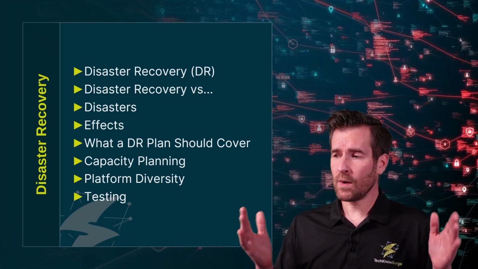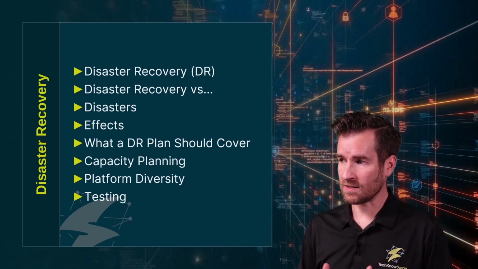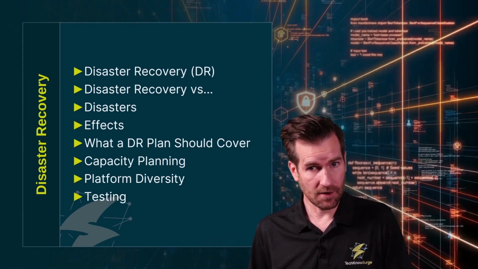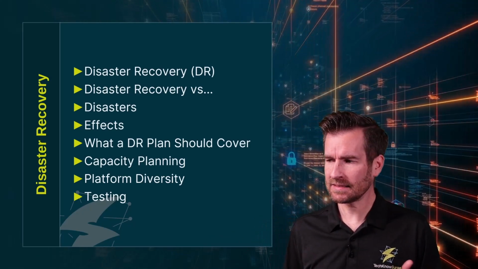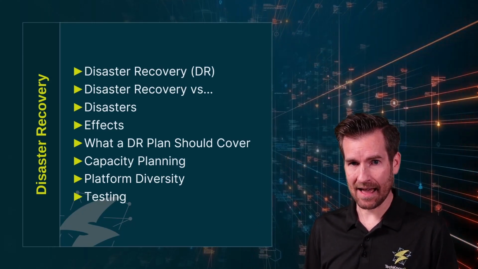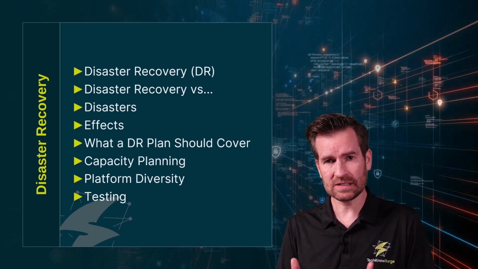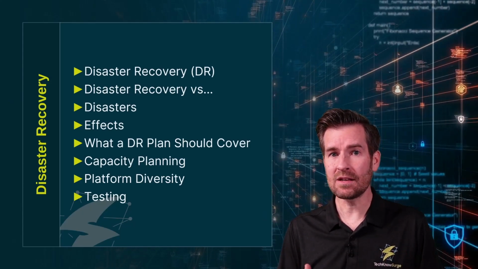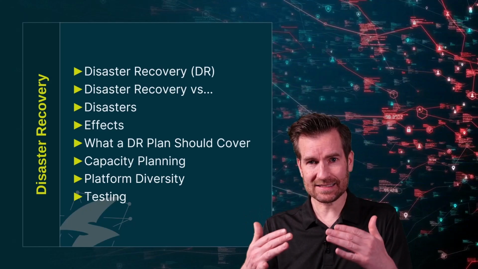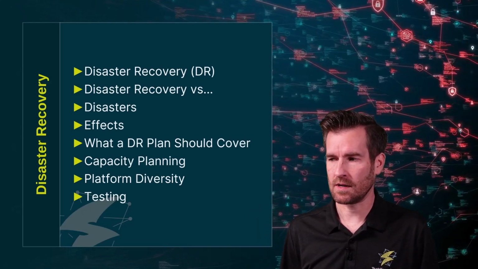In this video, we went over that disaster recovery, the DR plan. We talked about disaster recovery versus other things like incident response plans. We talked about disasters, what some of the disasters could be, and really it's about the effect. With your servers and your services, if they go down and we need to do something very drastic to get them back up and running again, we've now gone into a disaster recovery.